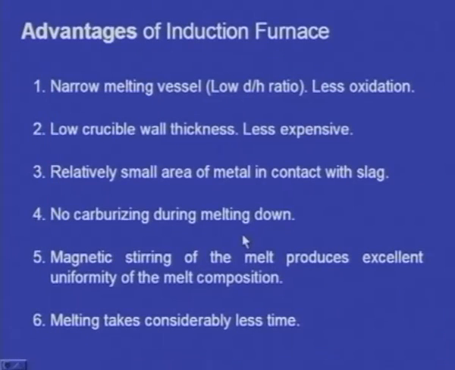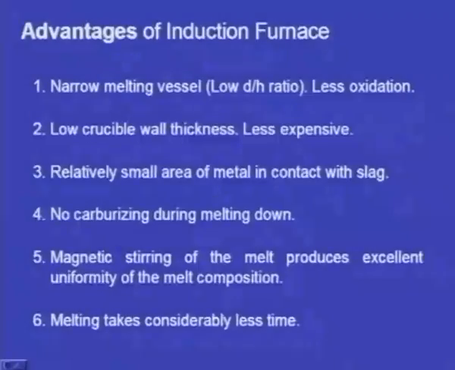Now, let us see the advantages of the induction furnace. Here we use the crucible with a low diameter to height ratio, means we use narrow crucibles, diameter will be less and the height will be more. Then what happens if this is the case?